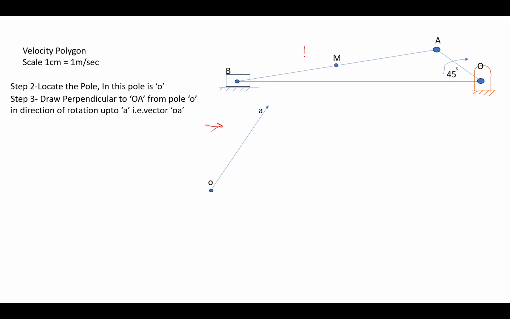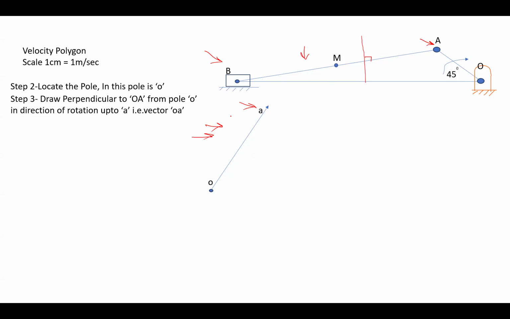Then the link AB is there. Link AB velocity vector will be a perpendicular line to AB. But this perpendicular line you have to draw in the velocity vector diagram. How is it drawn? If you have to draw the velocity vector for AB, which is the perpendicular line, either A or B point should be available already. So which is available?